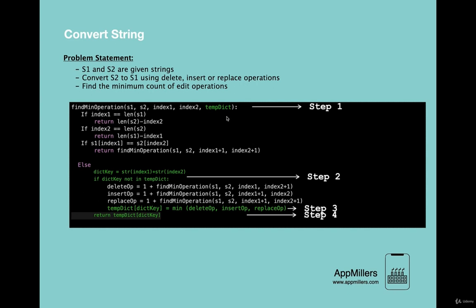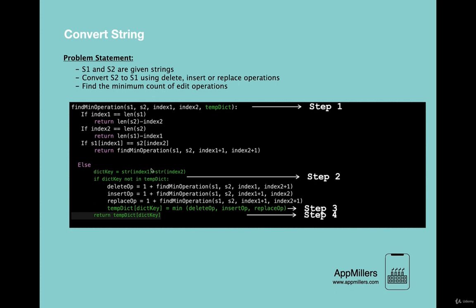The first step is creating a dictionary to keep the results of calculated subproblems. Here we are passing it as a parameter. In the second step, we check if we solved this problem before or not. If we did, then we return the value from the dictionary. If we have not done it, we insert the value into the dictionary in the third step.